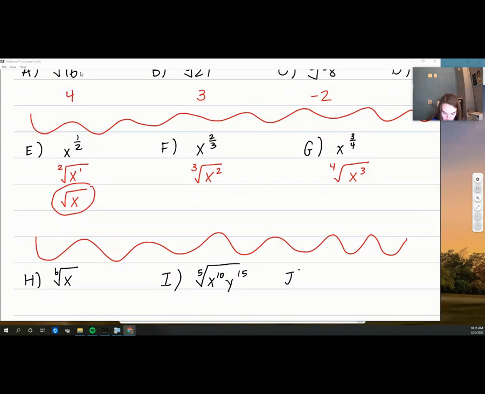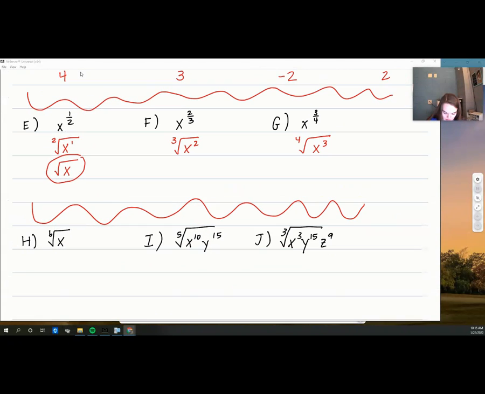J, the cube root of x to the 3rd, y to the 15th, z to the 9th, and K, x squared to the 1/2 times the cube root of x to the 3rd.